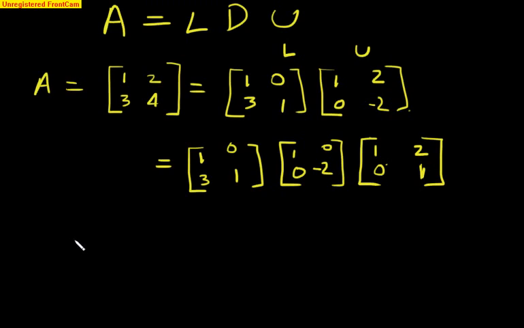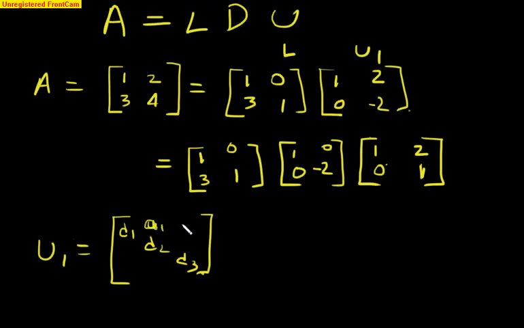See here, we have the previous U, I will give it the name U1. U1 is a matrix. Suppose its diagonal elements are d1, d2, d3, and the other entries are a1, a2, a3 like this. Now I have to convert this U1 into DU.